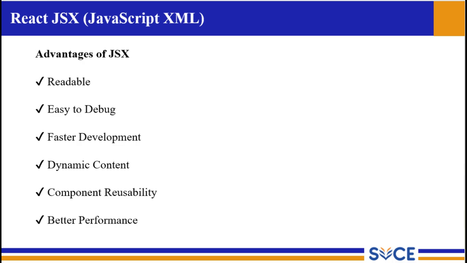Another significant benefit of JSX is that it makes debugging easier. When an error occurs, developers need to identify and fix the problem quickly. Since JSX closely resembles the actual user interface displayed in the browser, it becomes much easier to locate the source of an issue.